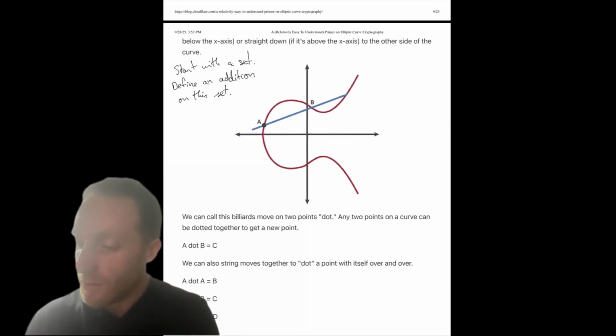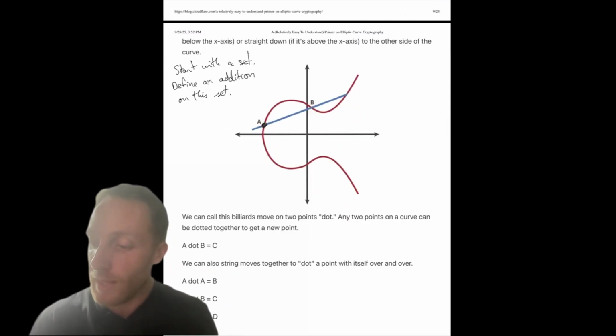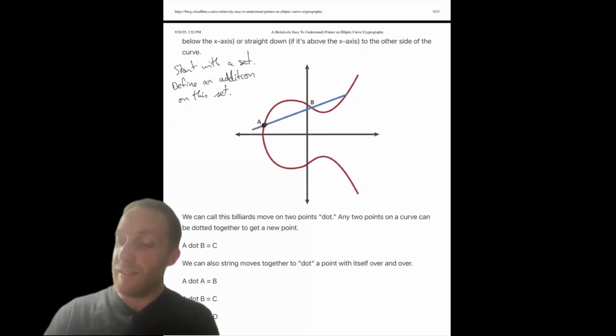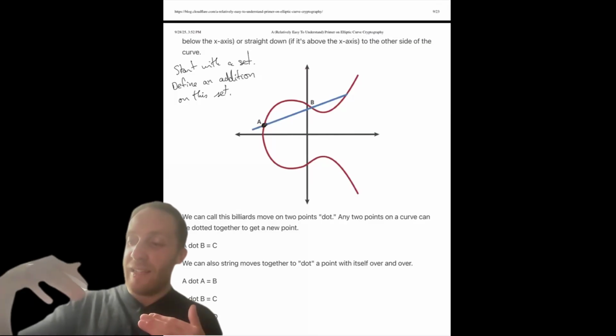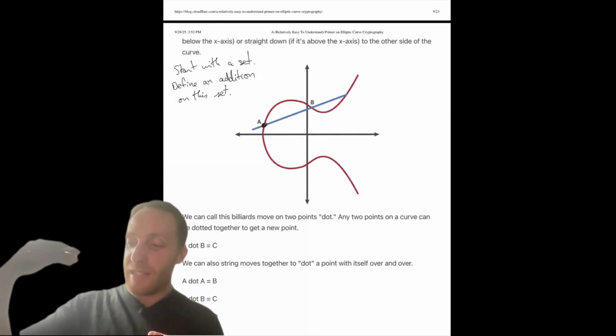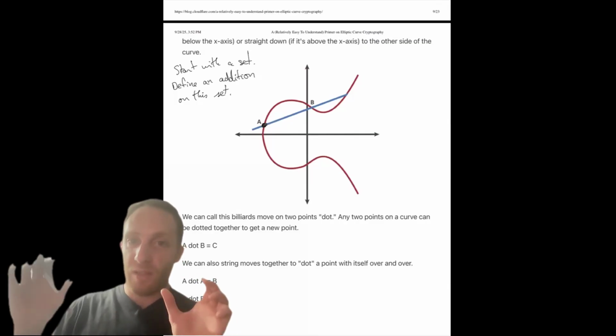A plus B. So what is A plus B? You draw the line between any two points. If we're trying to do A plus B, you draw a line. This has been proven, but just take my word for it: any line crosses the elliptic curve at exactly three points, always.